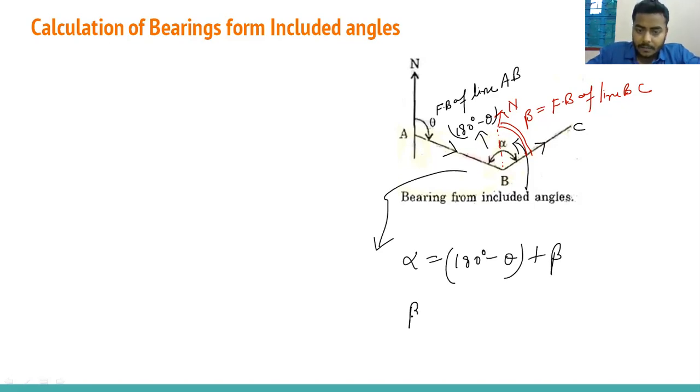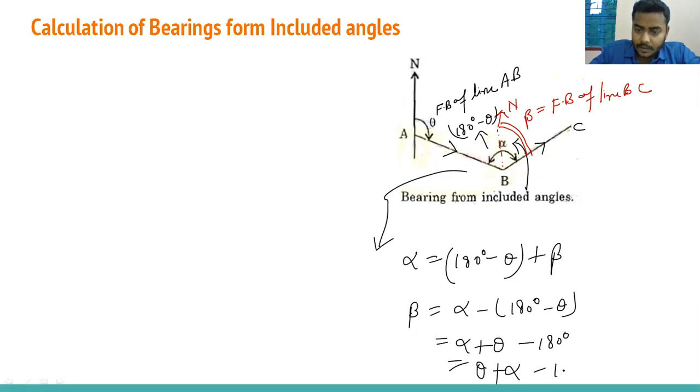Now we can write beta equal to, taking this expression from the left side, alpha minus 180 degrees minus theta, or alpha plus theta minus 180 degrees, or theta plus alpha minus 180 degrees.